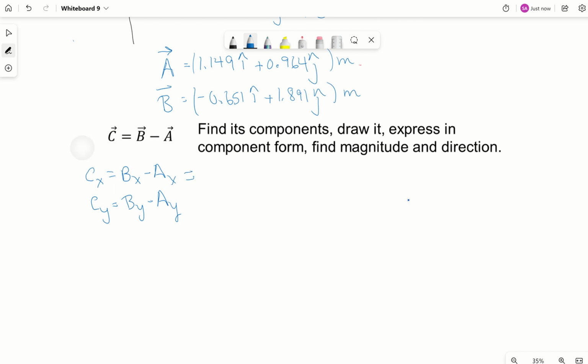So bx is negative 0.651, and ax is 1.149. I'm going to subtract it, so negative 1.149. So cx is going to be negative 1.80 meters.